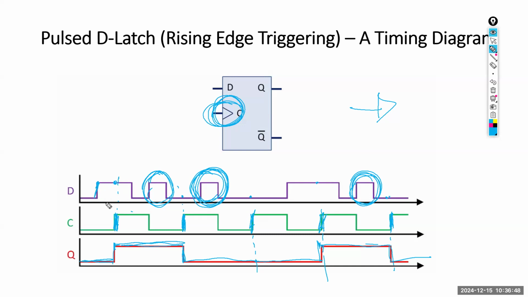But it will happen, because in the next rising edge, it will detect it and go there. Here D goes up, but actually our output goes up here because that is where your next rising edge is. So there will be a small delay in the output changing according to the input, but that is not a big issue because in the next rising edge anyway it will be detected.